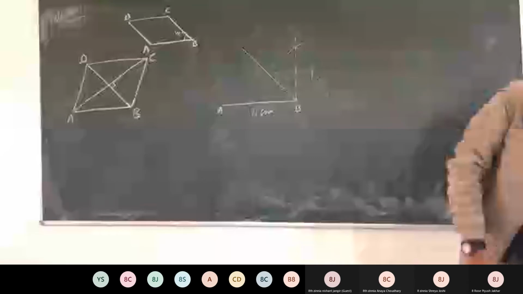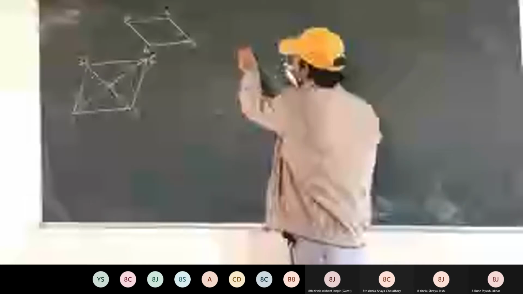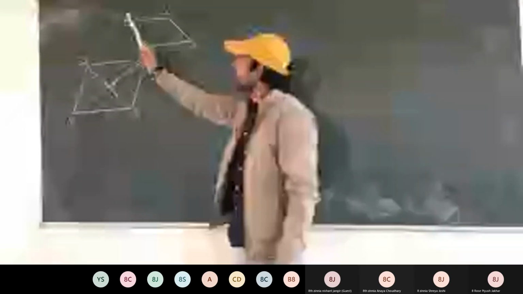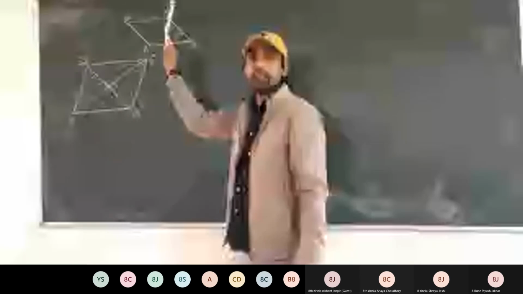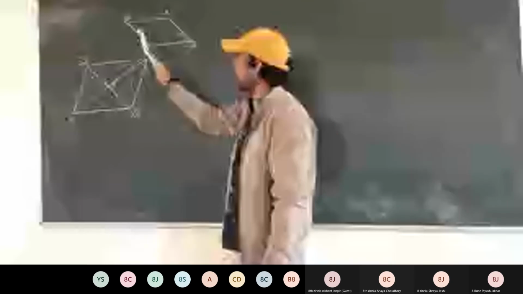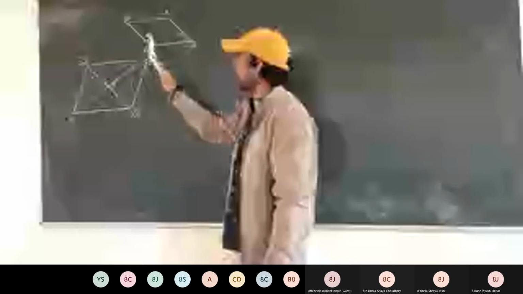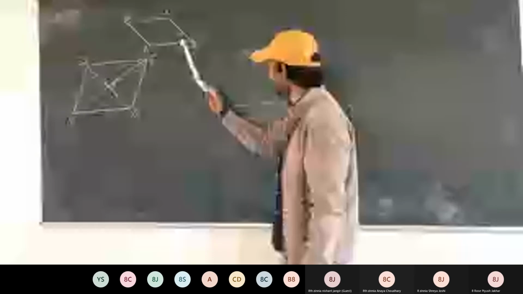So here we have C. Let it be 6 centimeters. We will require it more. How far is D from C? 6 centimeters. Again from C, 6 centimeters. And how far from A? 6 centimeters from A. Make an arc. We got D. Just join them.